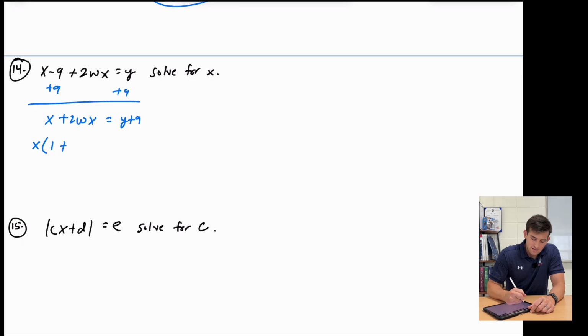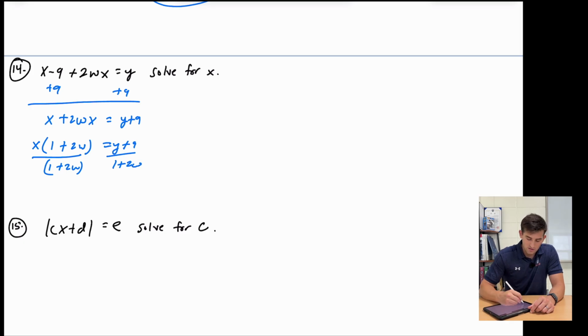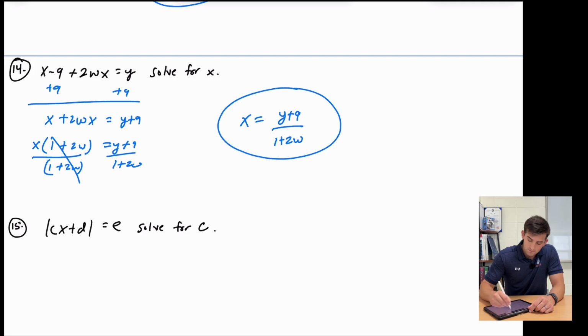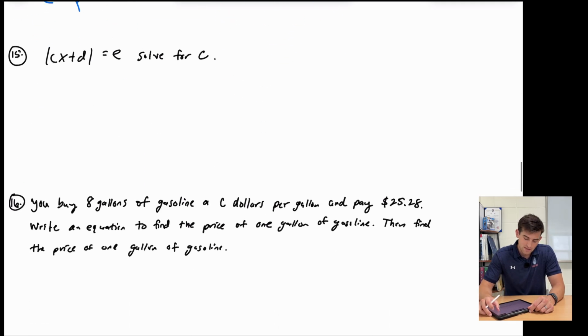Well, that's 1. x times what is 2wx? That would be 2w. Now I can divide both sides by 1 plus 2w, and I get my solution because this entire expression will cancel out, and we get x equals y plus 9 over 1 plus 2w.